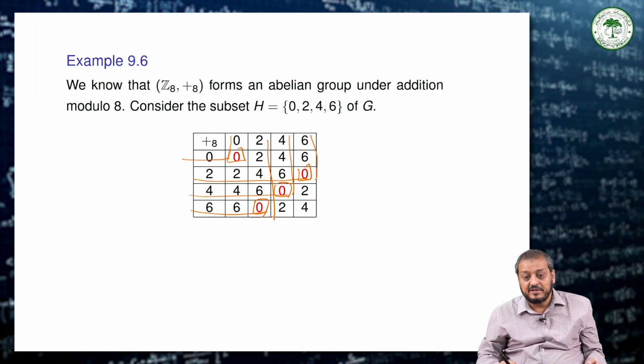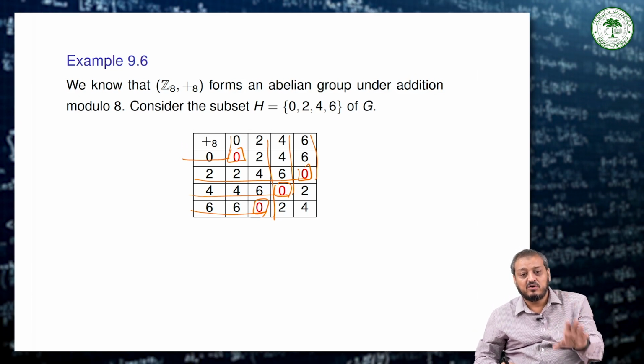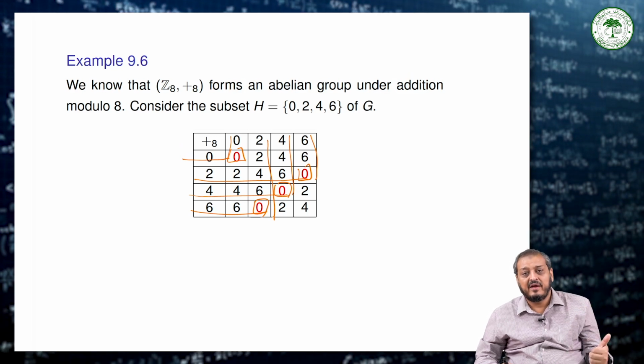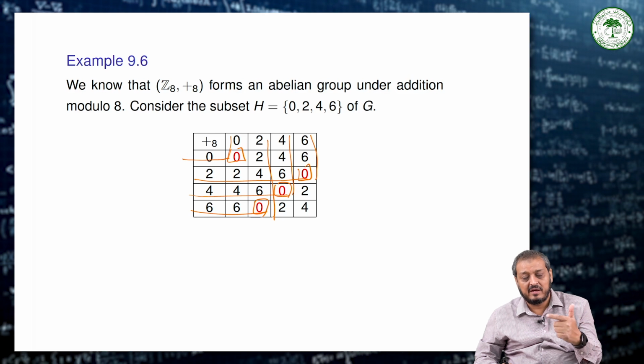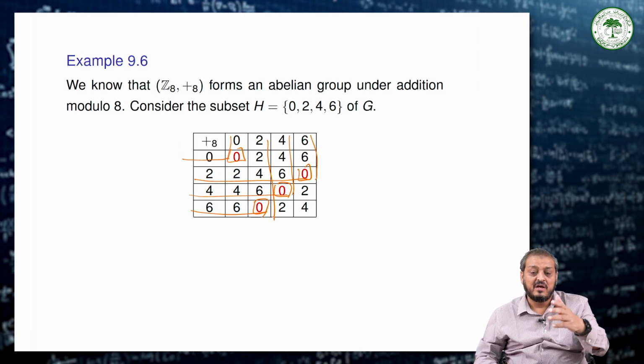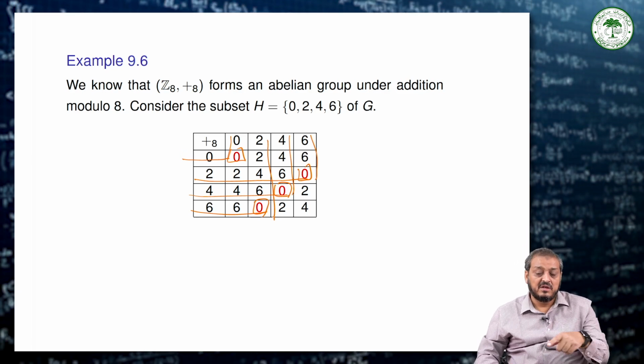So the theorem says that if H is non-empty, H is closed under the binary operation, and for any element h of H, h inverse is also an element of H, then these three conditions are satisfied.